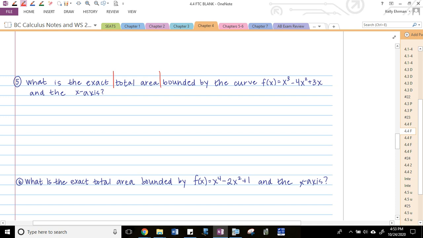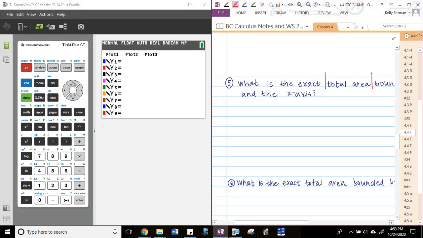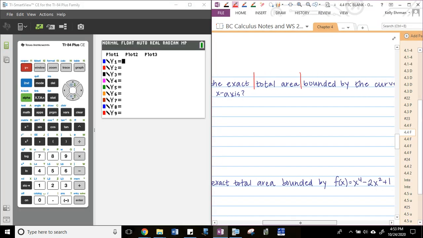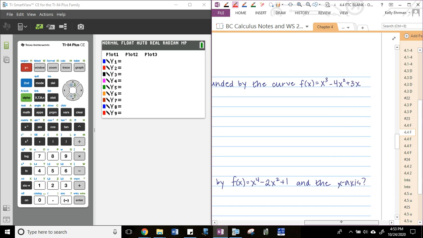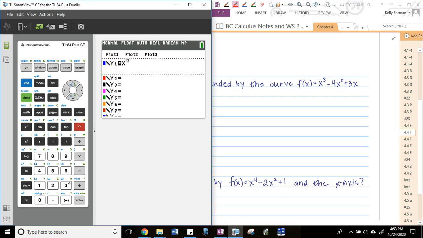Okay, so if we were doing this in the graphing calculator, we would find the zeros. So we're just going to make this one a graphing calculator one. We'll do the next one without. So first we would find the zeros. We could do that algebraically, or remember, you can type it in to your graphing calculator. Type in the equation.